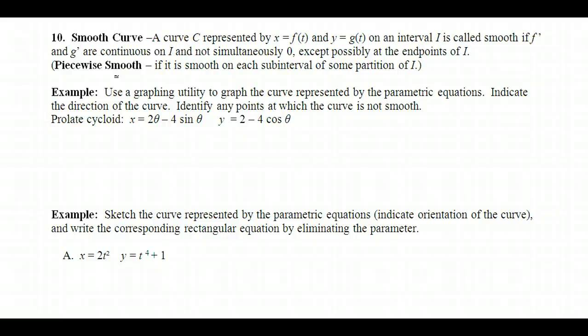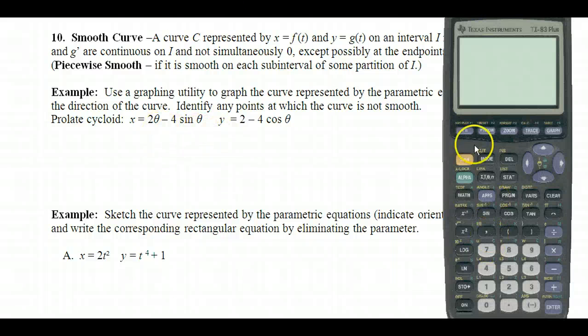For an example, use the graphing utility to graph the curve represented by the parametric equation. Indicate the direction of the curve and identify any points at which the curve is not smooth. We have a prolate cycloid. So let's start by graphing this. Take your calculators out.